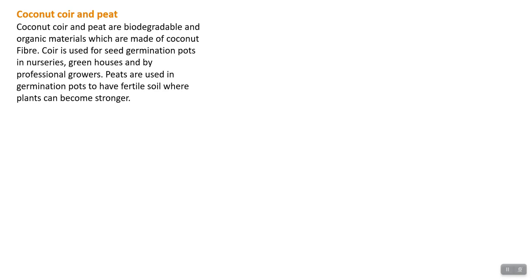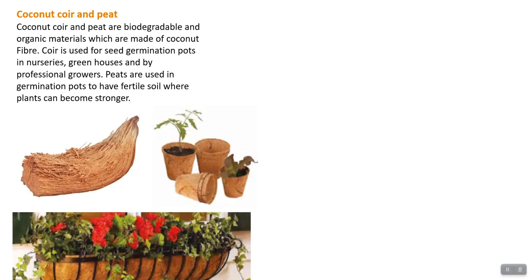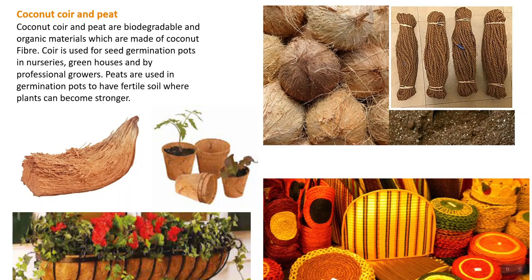The peat is used in germination pots to make fertile soil where plants can become stronger. We can start the growing of plants in the coconut coir. These are examples of the use of coconut coir and coconut fiber, called peat.